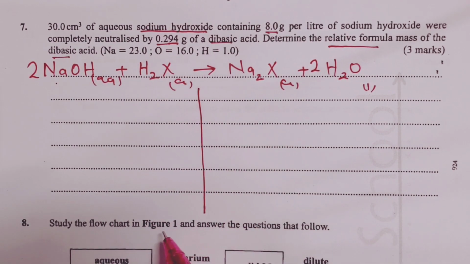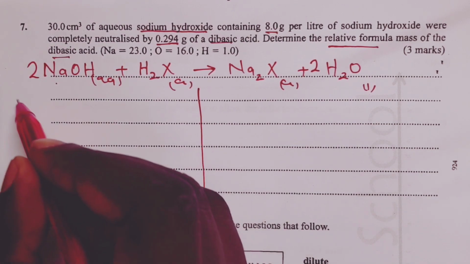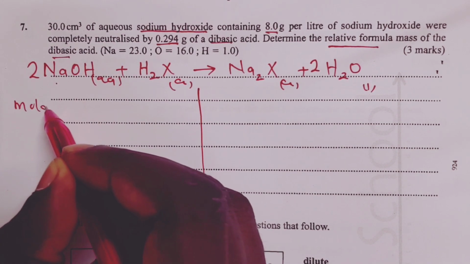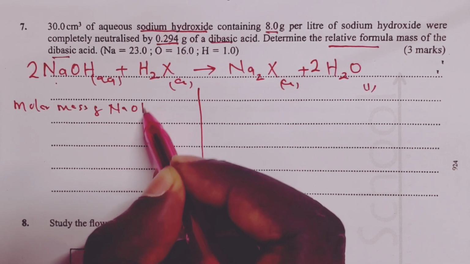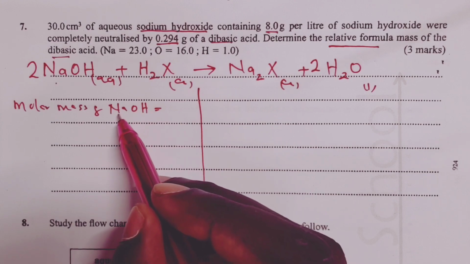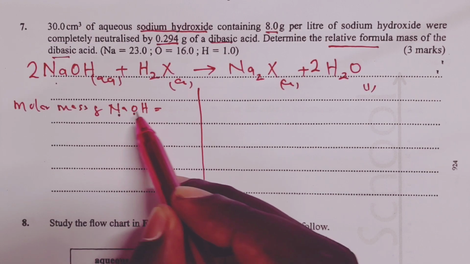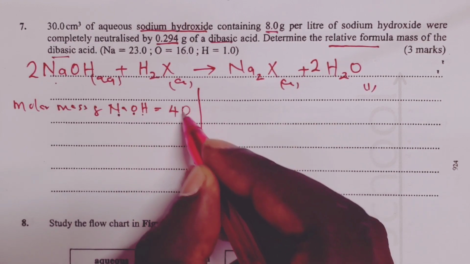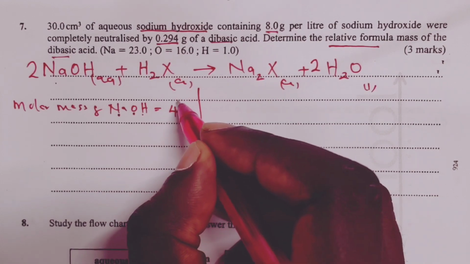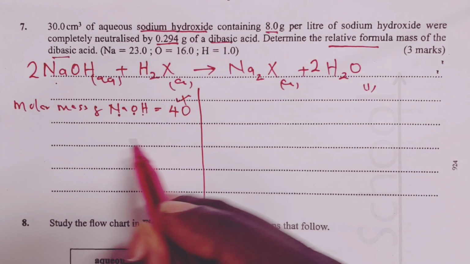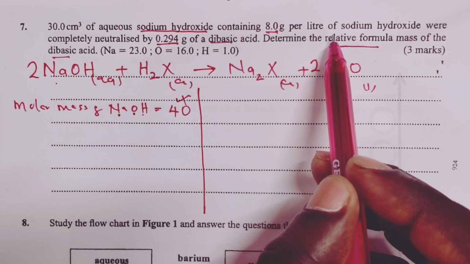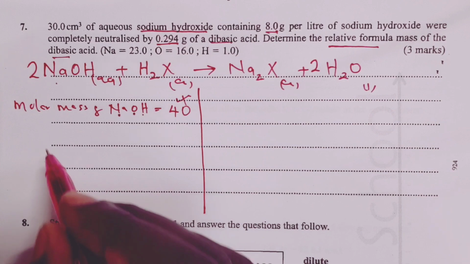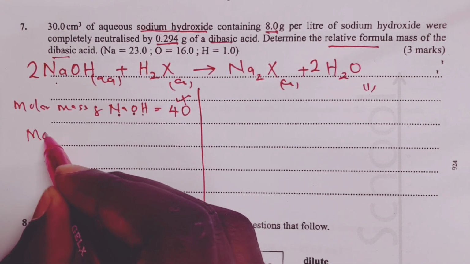Once we have written the equation, we proceed to get the molar mass of sodium hydroxide. This we know: 23 added to 16 added to 1, we get 40. That would give us the first half mark. From here, we shall use the 8 grams per liter of our alkali to get its molarity.